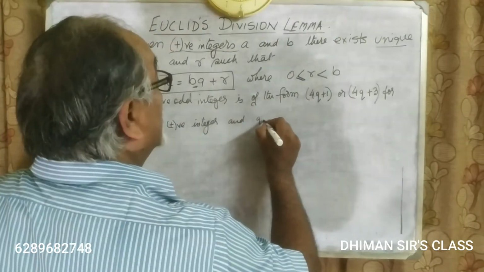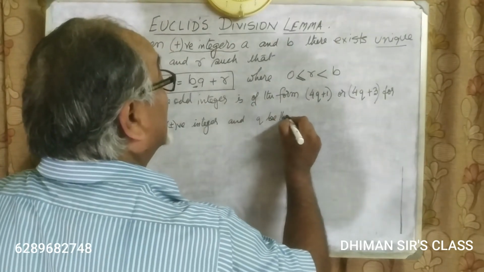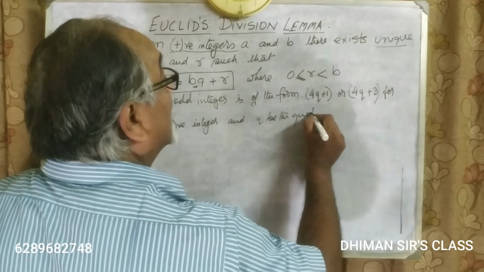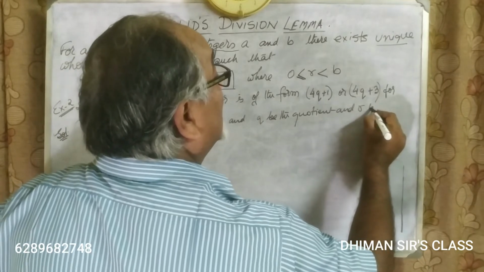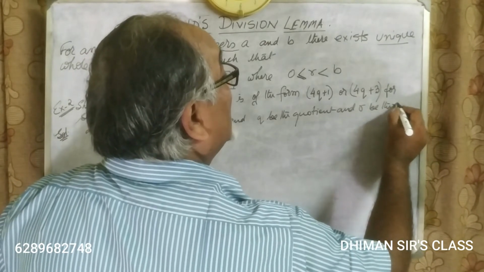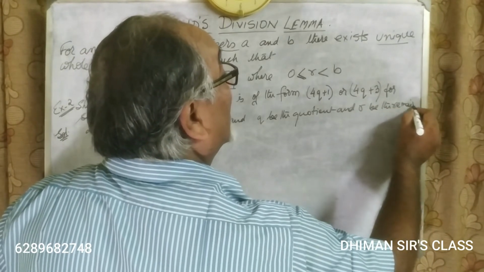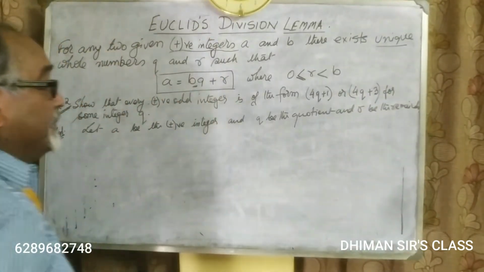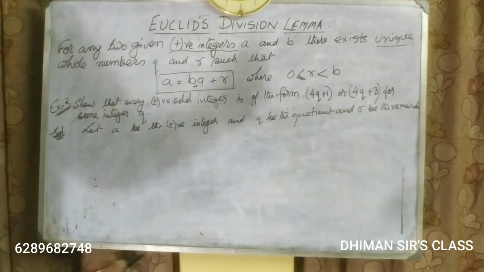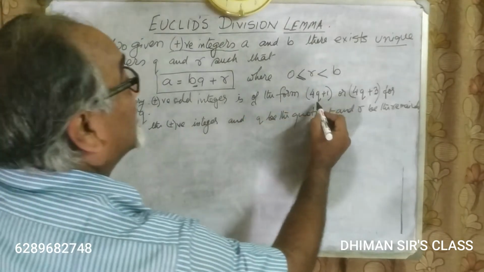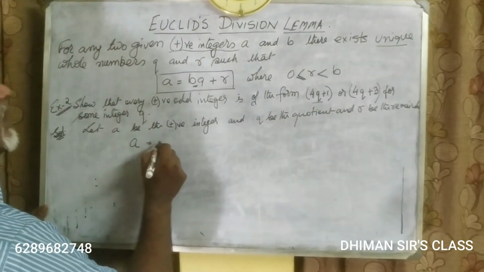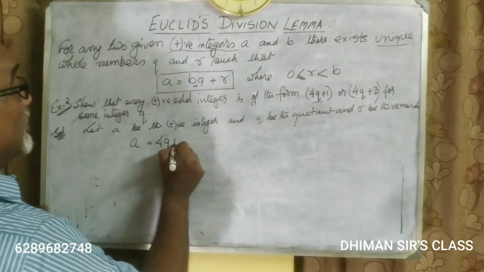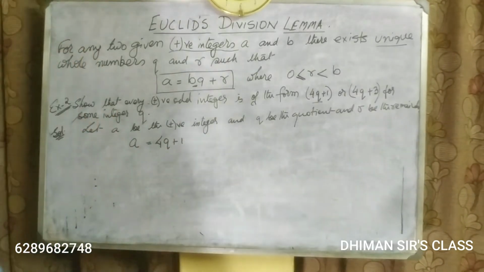So, Q be the quotient and R be the remainder. Okay, now here, what we find in case of this, A is equal to 4Q plus 1.